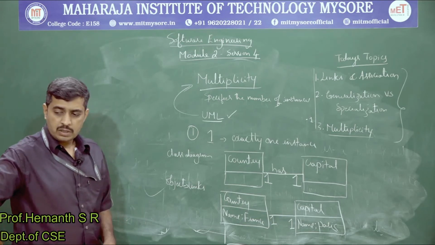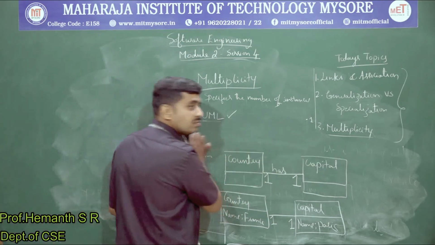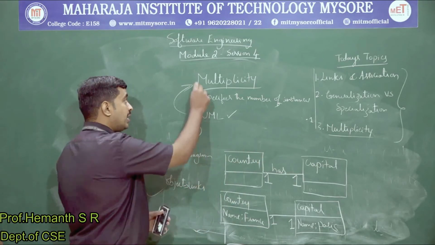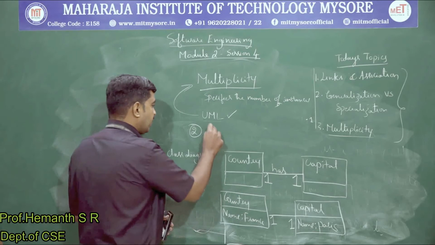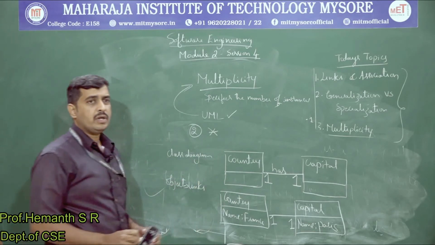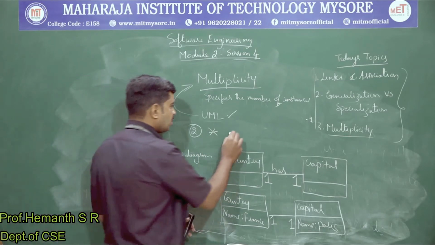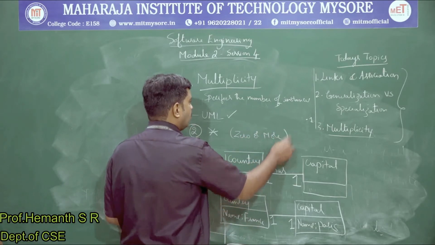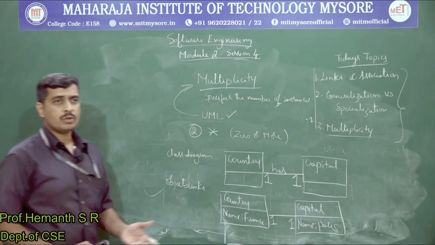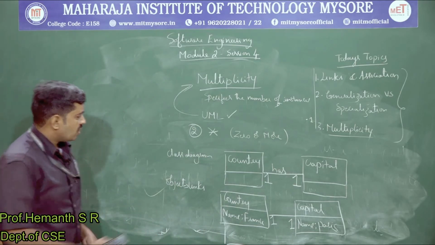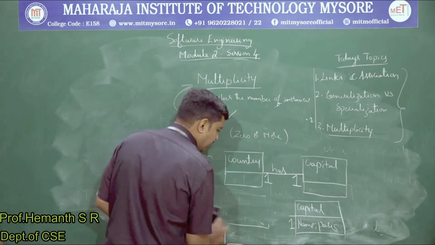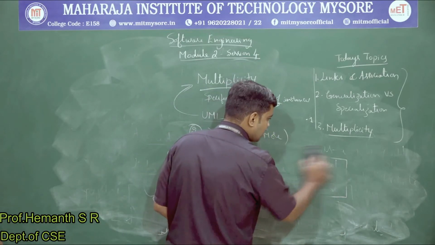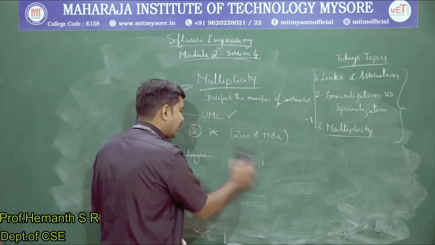The second case of multiplicity: I can have an asterisk. This denotes 0 or more. Now I'll take a different example so that we can have diverse examples, which improves our clarity.